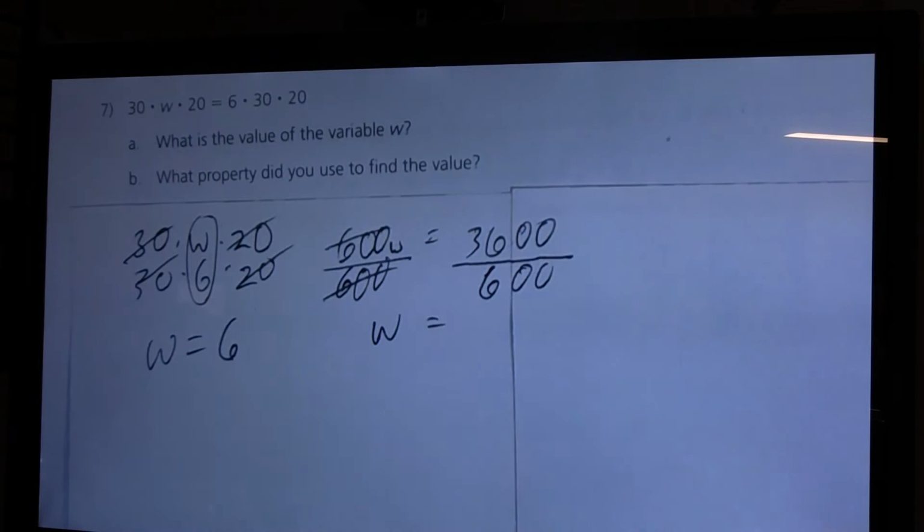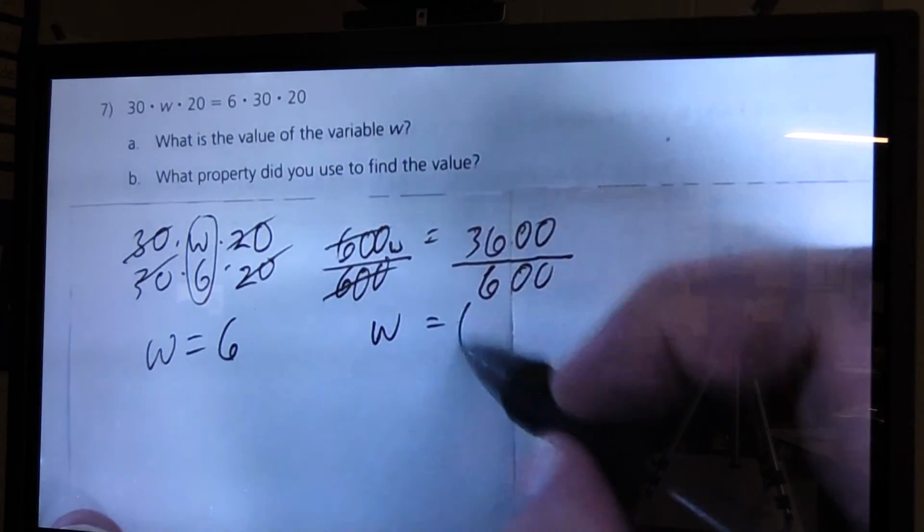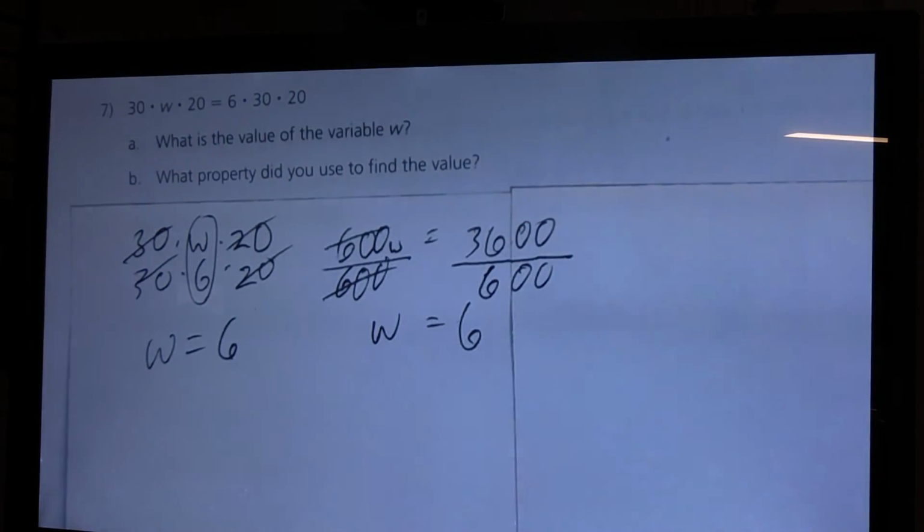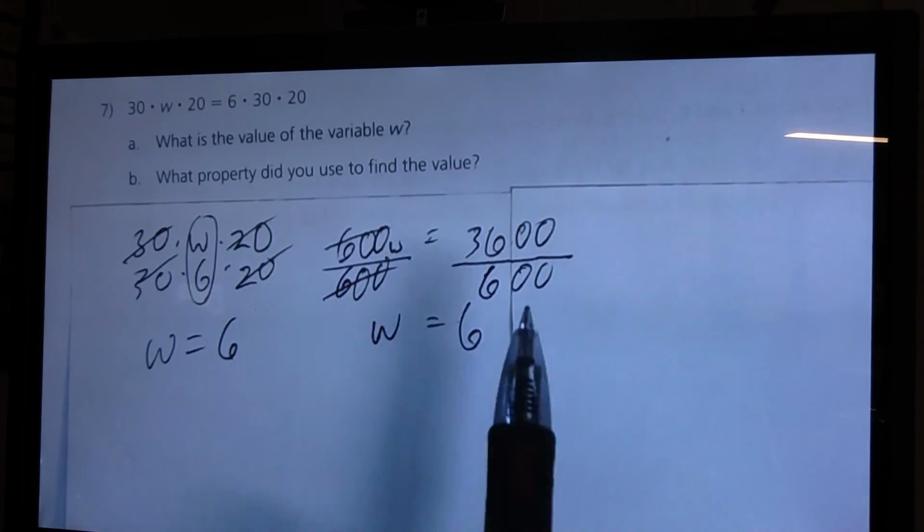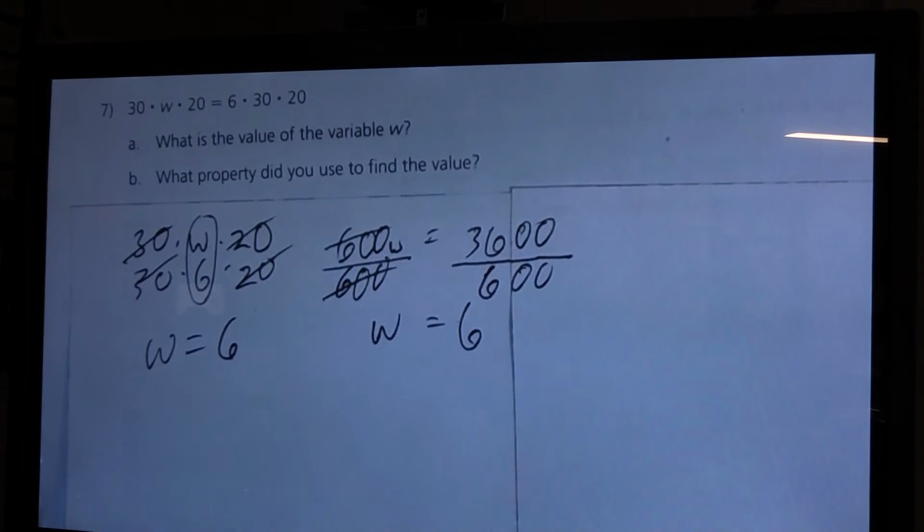If I divide 36 by 6, that's going to be 6. So if I divide 3600 by 600, that's going to be 6. So on this one, I just want to double check my work to make sure that the commutative property of multiplication would work here, and I just use inverse operations to help me get my answer. So either way, those would work.